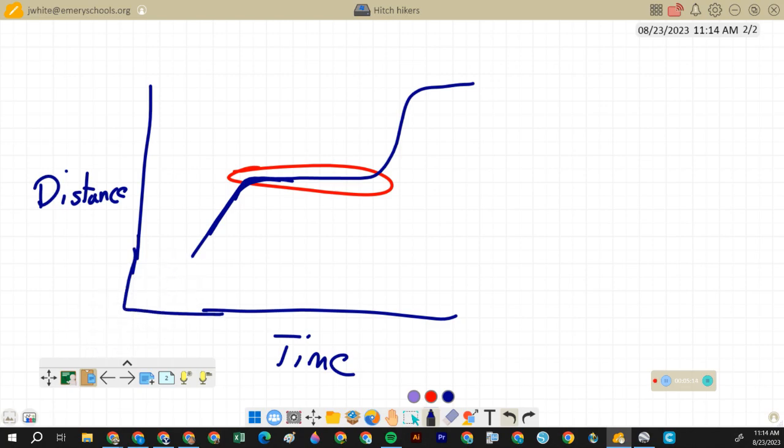Sorry, guys, I'm not very good at drawing. What's happening here? I'm moving forward. What else? So I'm moving forward, but it's a straight line at a constant speed. So during that interval, I'm traveling at a constant speed.